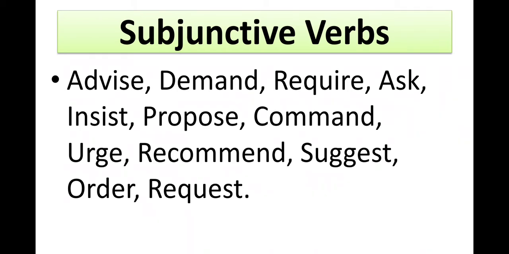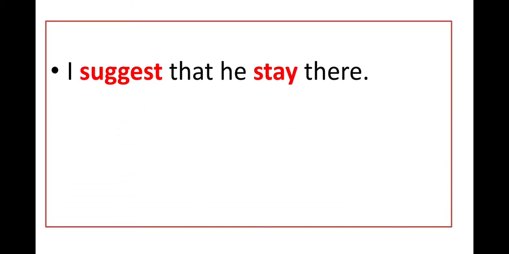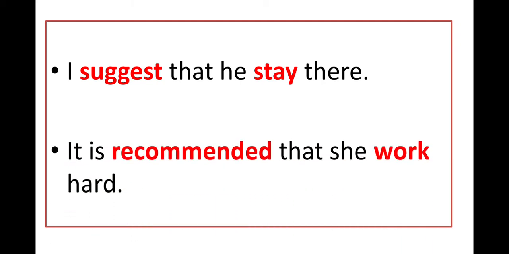Now I'll give you examples where subjunctive verbs are used to express subjunctive mood. I suggest that he stay there. Another example, it is recommended that she work hard. I have highlighted subjunctive verbs in red. Suggest and recommend are subjunctive verbs which are used to express subjunctive mood.